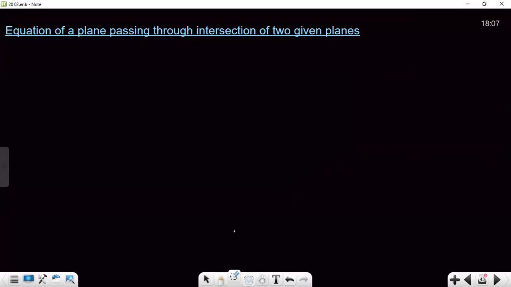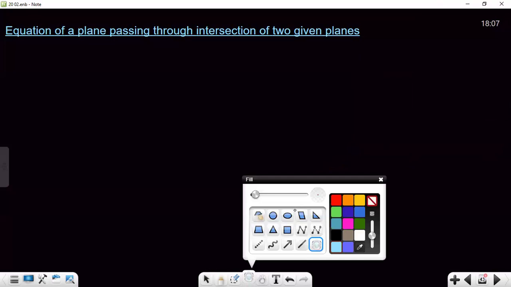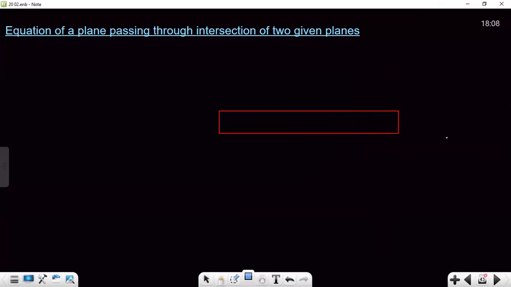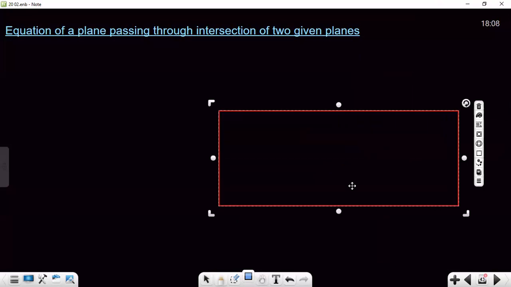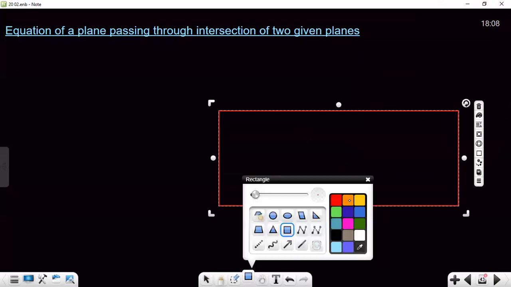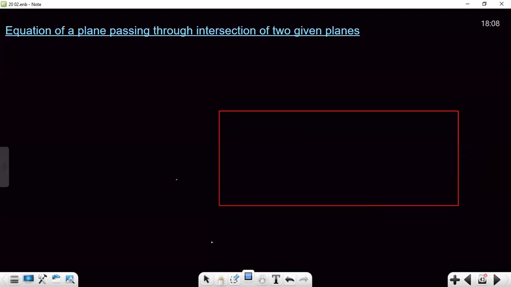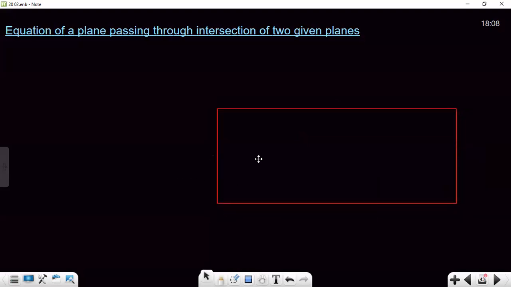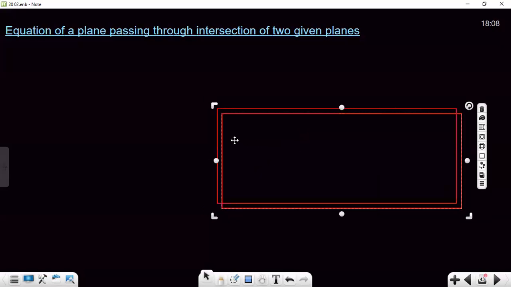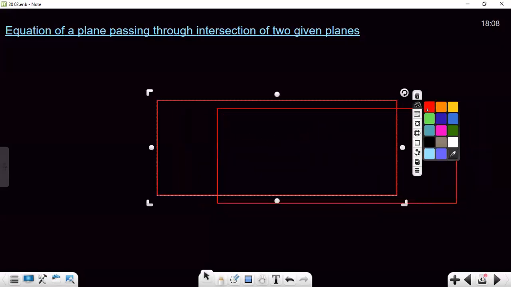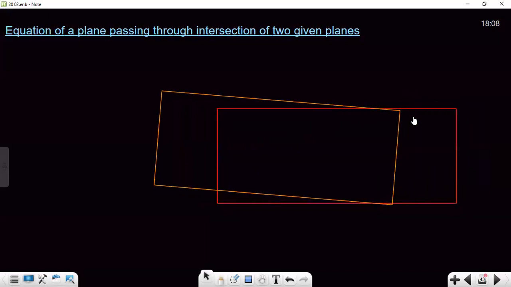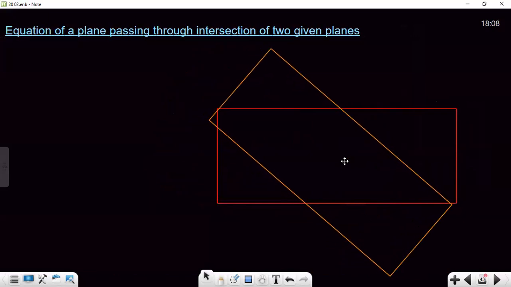Let me draw a plane. This is the plane, and there's another plane intersecting. This is another plane intersecting the plane like this.